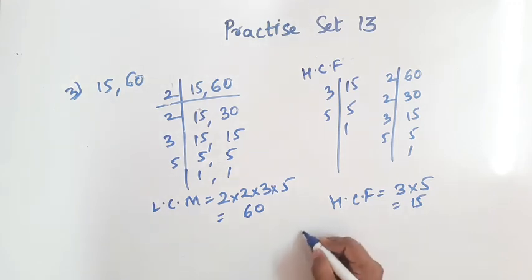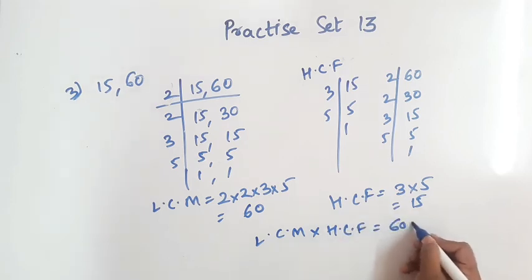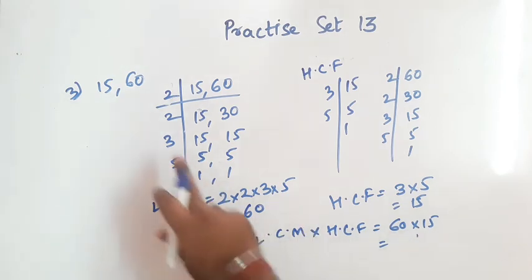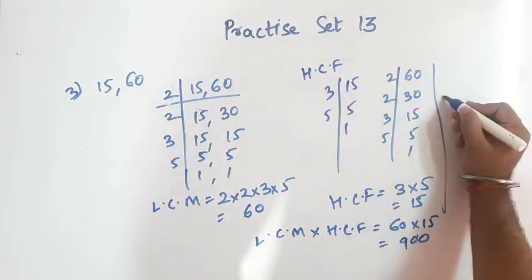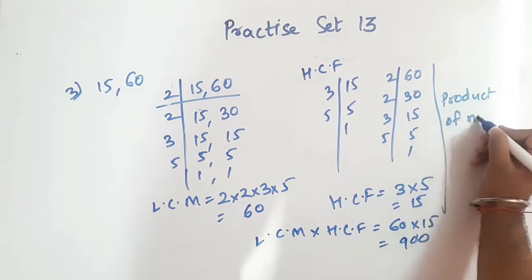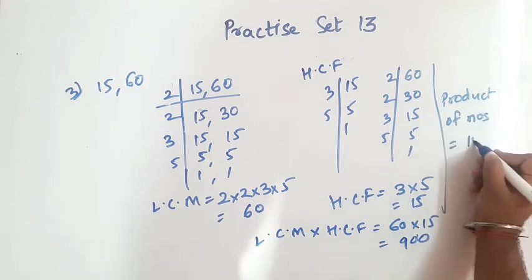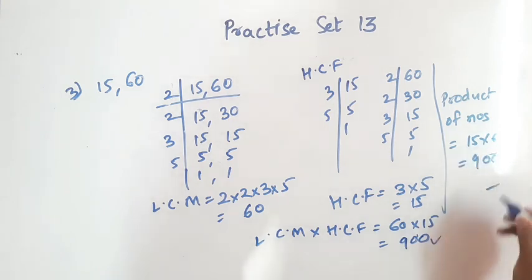So I'll write LCM into HCF is equal to 60 into 15. You can see here I am getting this 60 into 15. So it is 900. Which is equal to the product of the two numbers, 15 into 60, which is also equal to 900. So this property is correct.